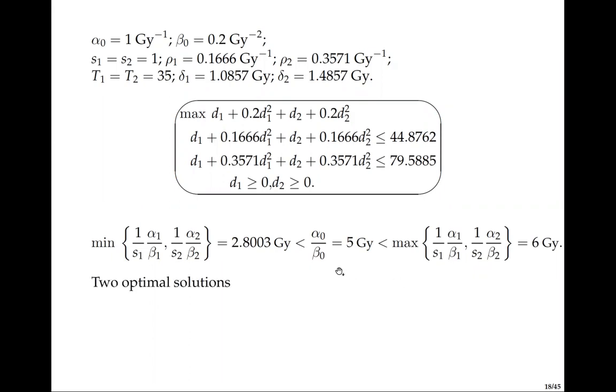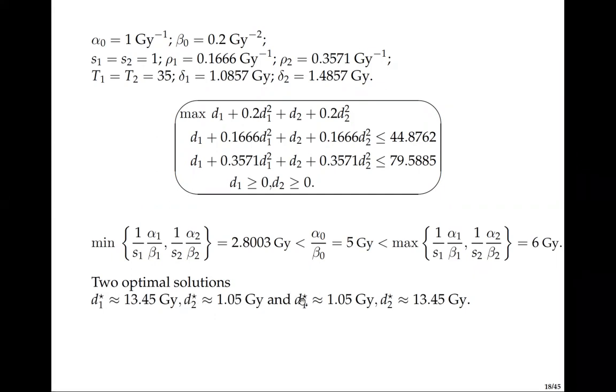Okay, in this case, it turns out that this problem has exactly two optimal solutions. In one of them, d1 star is 13.45 and d2 star is 1.05, and the other one is the swapped version of this, where d1 star is 1.05 and d2 star is 13.45. The important point here is that these are the only two optimal solutions to this problem.